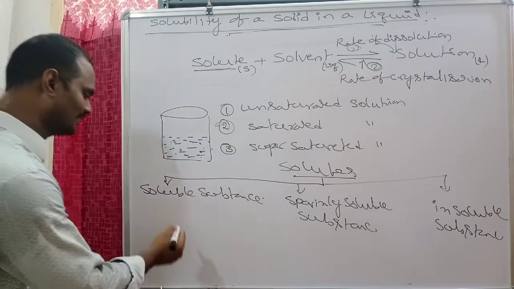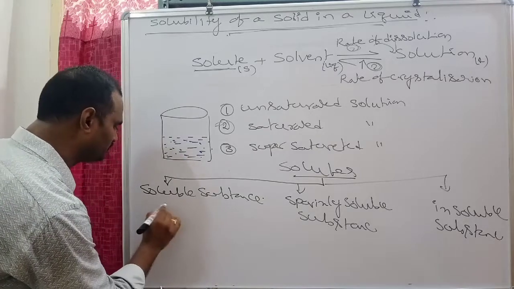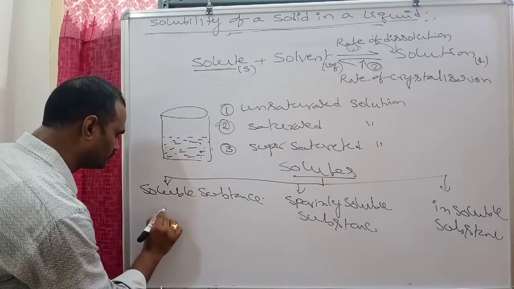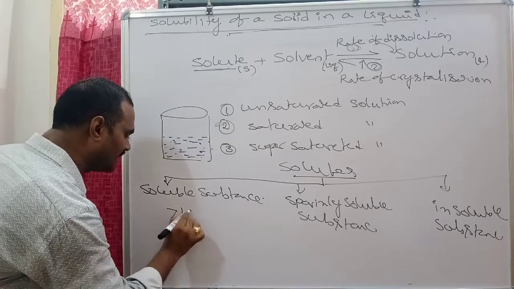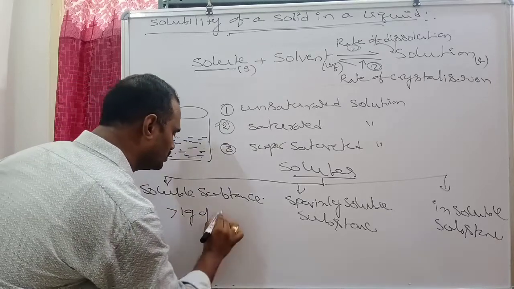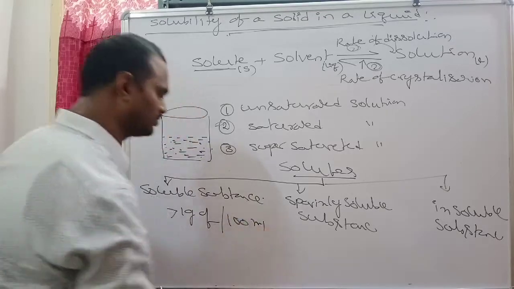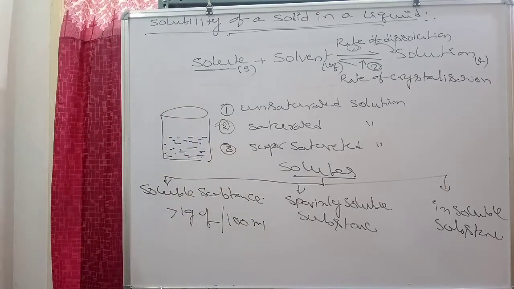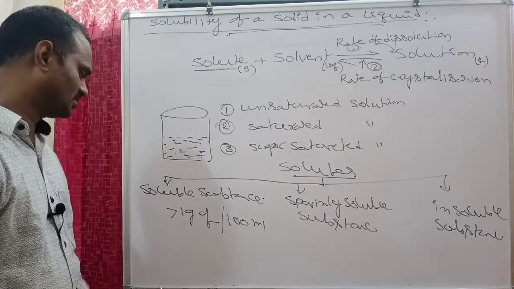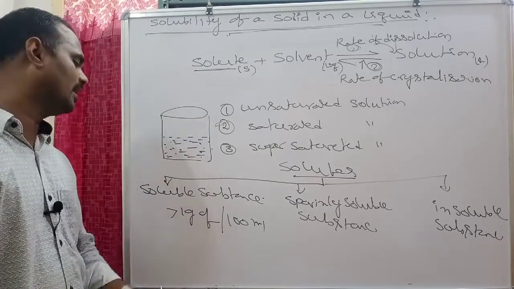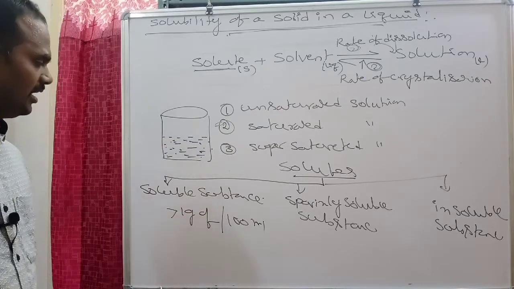Per 100 ml, if greater than 1 gram of solute dissolves in 100 ml of solution, we call that a soluble substance. If any solute more than 1 gram dissolves in 100 ml of solution, that is a soluble substance. A sparingly soluble substance is one where 1 gram to 0.001 gram of solute dissolves in 100 ml of solution.